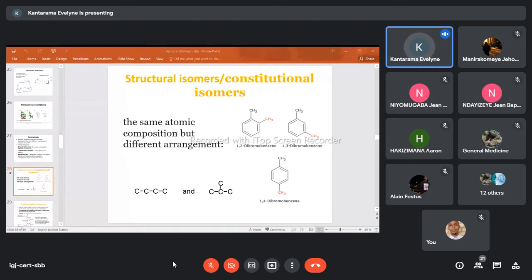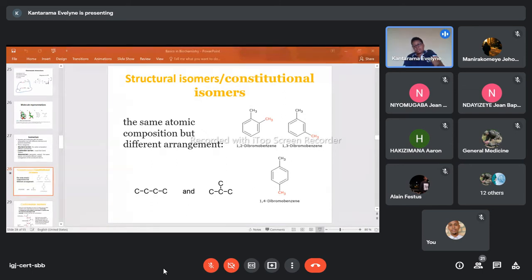Here we have structural isomers. Now you can see this, right? We have the same atomic composition but different arrangement. Here we have this structure.